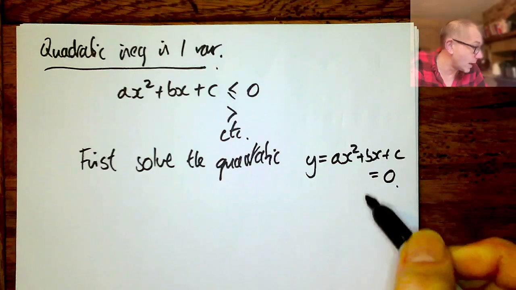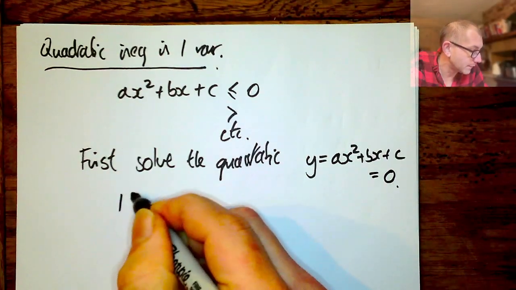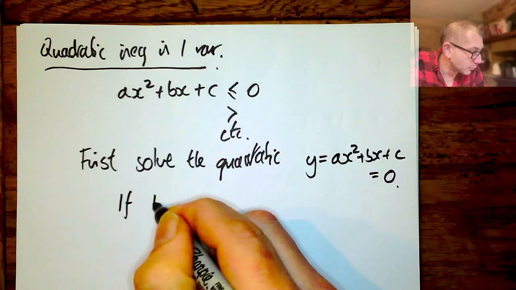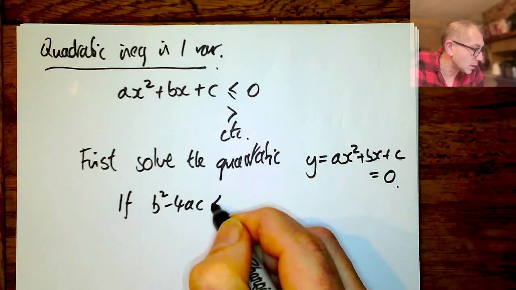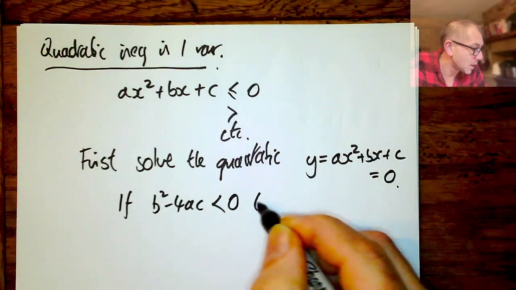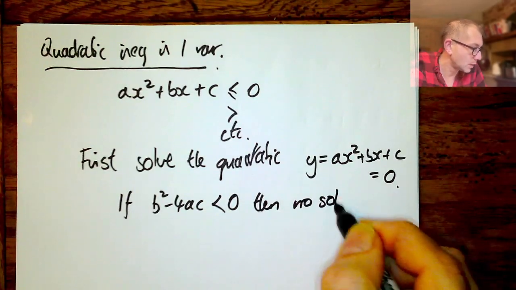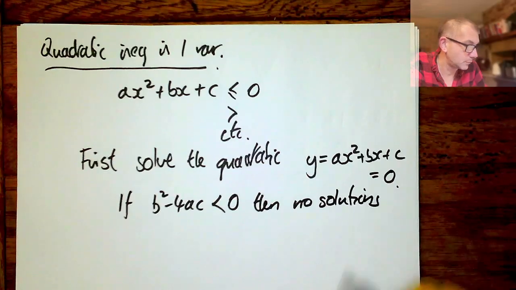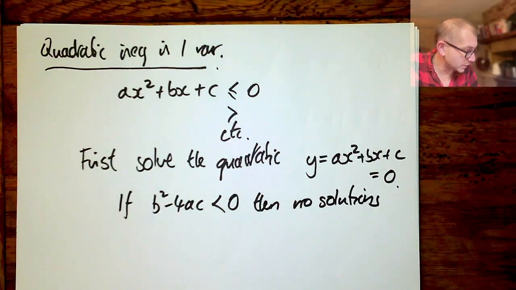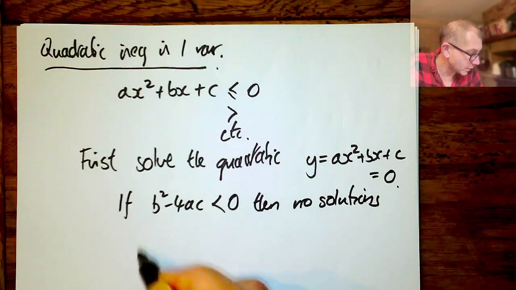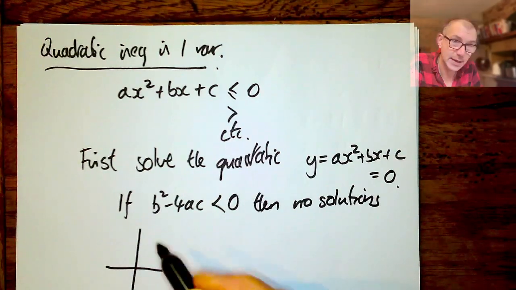Now, of course, it may not have any solutions. If b squared minus 4ac is less than 0, then there are no solutions. And if that's the case, then you know what it's going to look like. So it doesn't ever hit the x-axis.